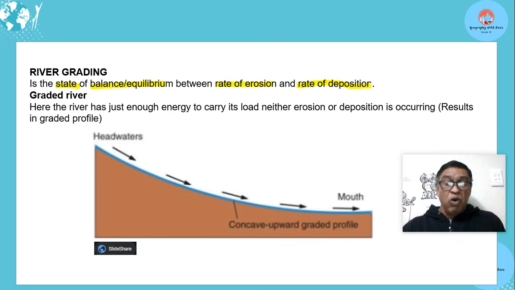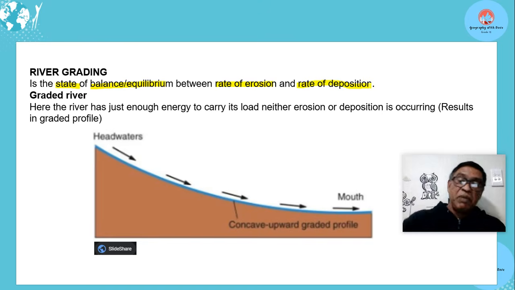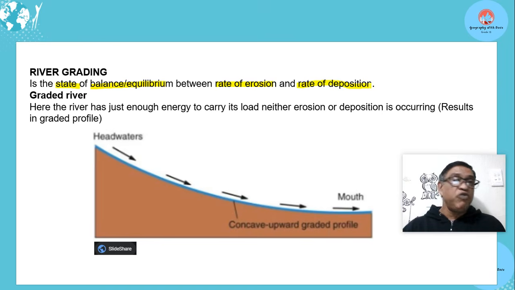If I'm digging a hole and removing a certain amount of sand, and you are putting the sand back, and each time I do that, you put the same amount of sand back, will the hole form? No. Okay, it'll remain the same. All right, so in the same way, if erosion and deposition is more or less balanced, we're going to have a smooth grading, okay, or river grading.